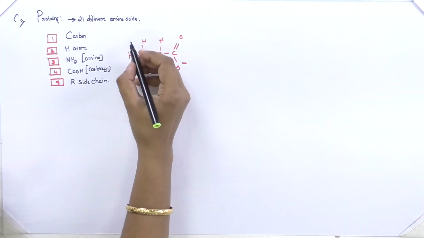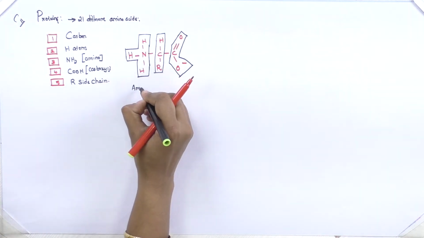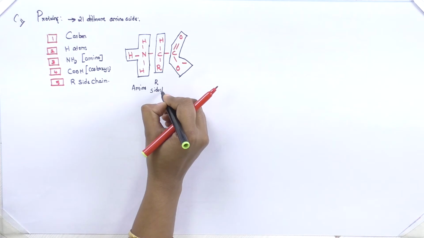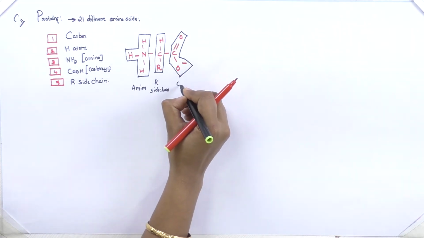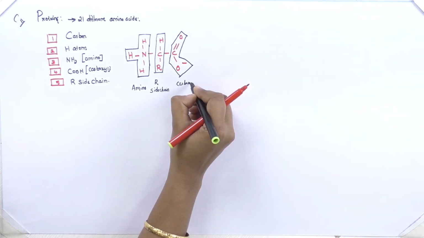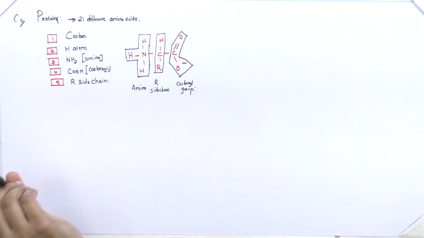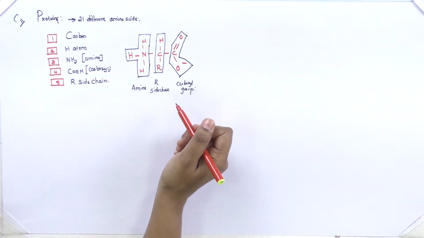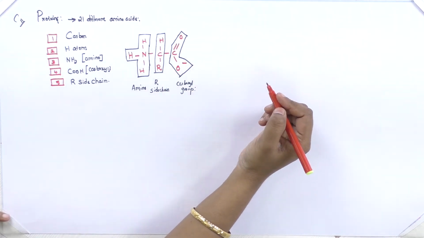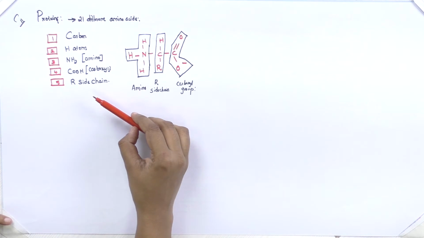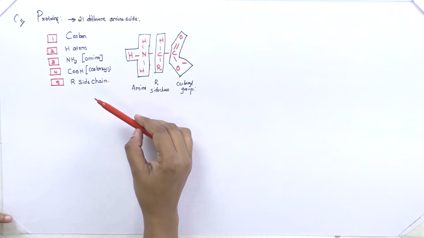So this is your amino group, this is your R side chain, this is your carboxyl group. So this is the main structure of your protein. Along with this, every amino acid has a carbon, H atom, amino, carboxyl and R side chain.